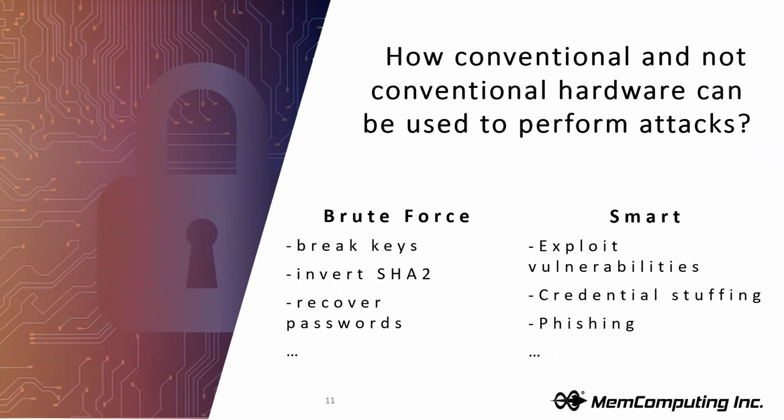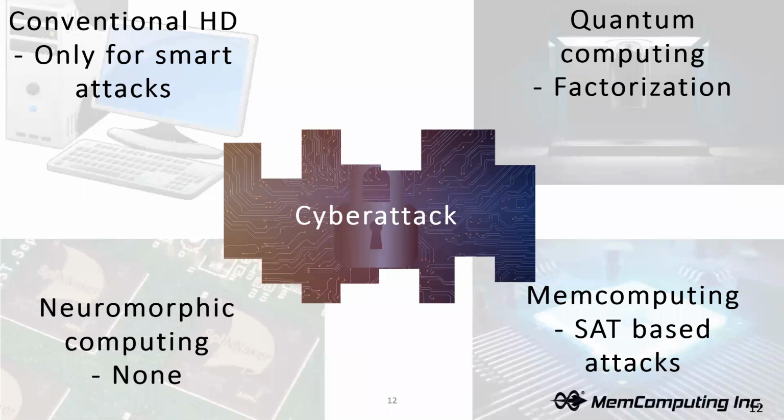We will concentrate more here on brute force attacks, because we want to know what new architectures can really do in terms of computation. So we are not going to try to use them so smartly. Here we can divide the cyber attacks into the smart ones, which are the ones we can do with our conventional hardware. That's why we don't even try brute force attacks with conventional hardware.